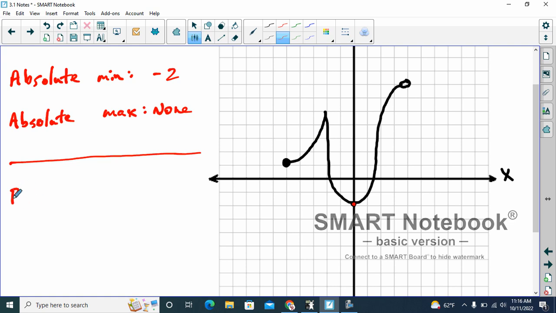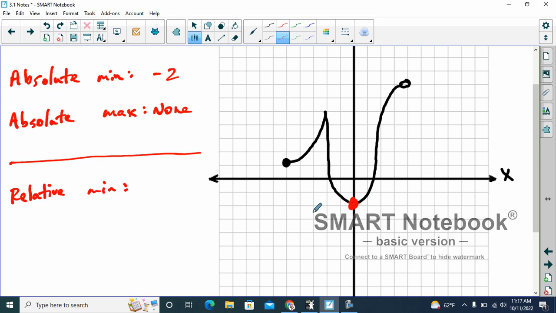When we list relative extrema, we are just looking to the left or to the right of that value and checking to see if there are any points lower than that, or if I'm looking for a maximum, any points higher than that. So notice this point right here, if I go left and right, it only goes up.